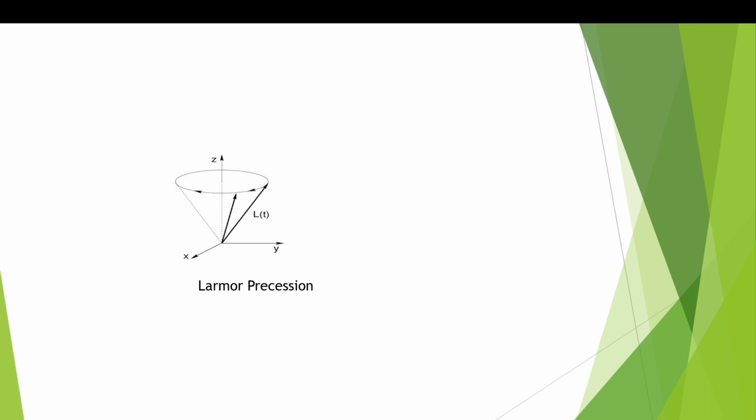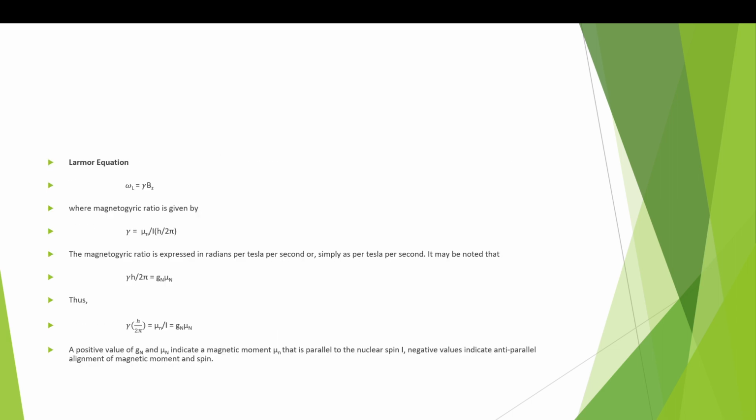Under the influence of a magnetic field, the nuclear magnet begins to precess about the axis. This is called Larmor precession. Larmor was a famous mathematician. The Larmor equation was derived later: omega equals gamma Bz. Gamma is the magnetogyric ratio, Bz is the magnetic field, and omega is the angular frequency.